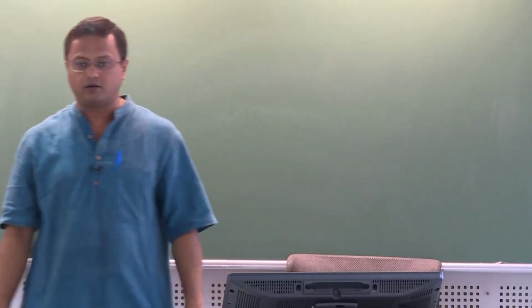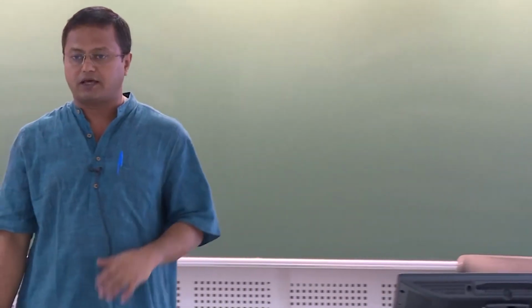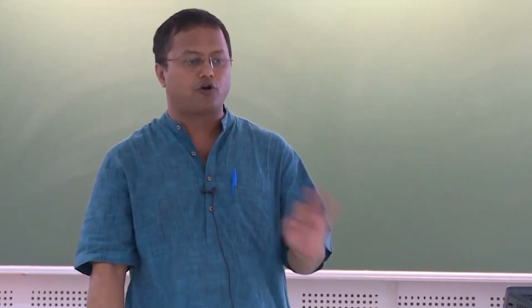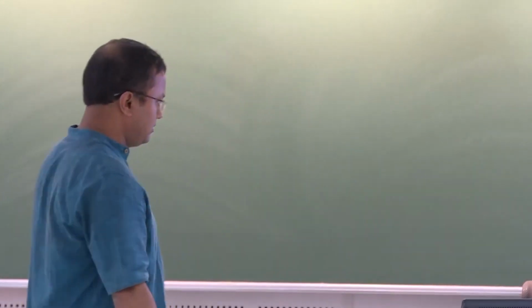So, we will assume that no 3 or more points lie on a line, or no 4 or more points on a circle, right. That would make our analysis and life a little easy.